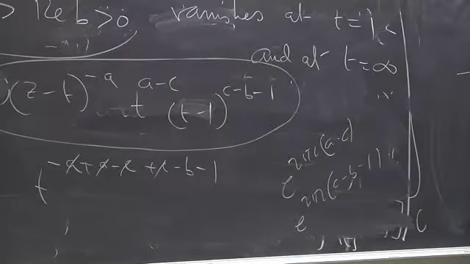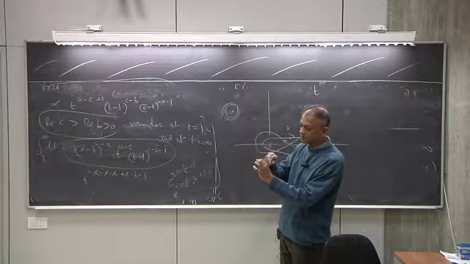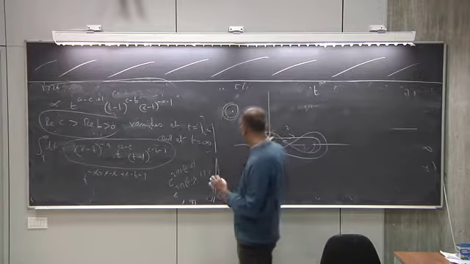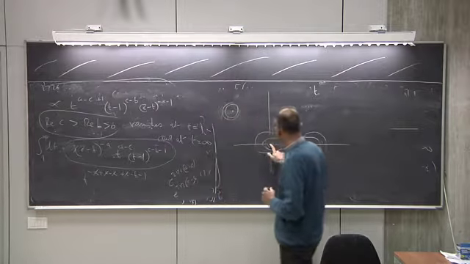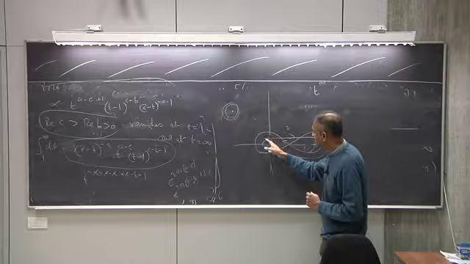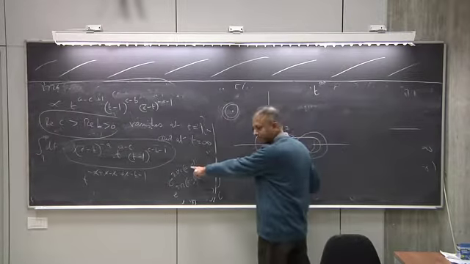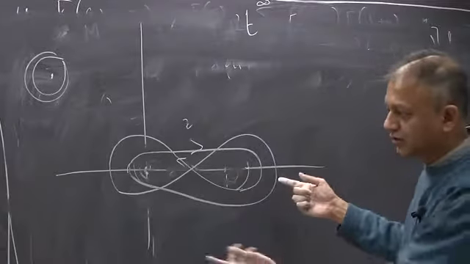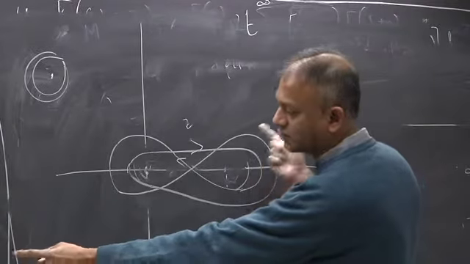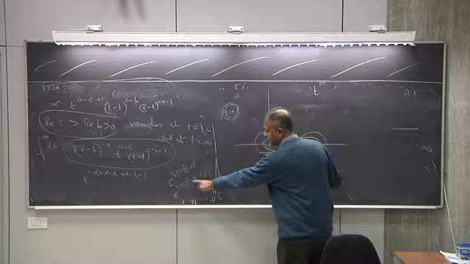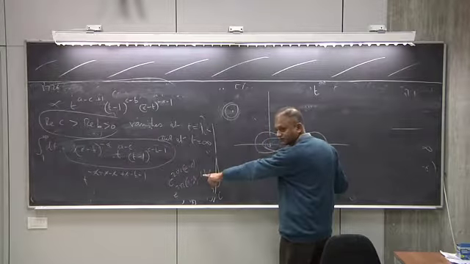So what you want to do is choose a path in such a way that you go once counterclockwise around the origin, and you pick up that phase. Then you go counterclockwise again around 1, so I get this phase.